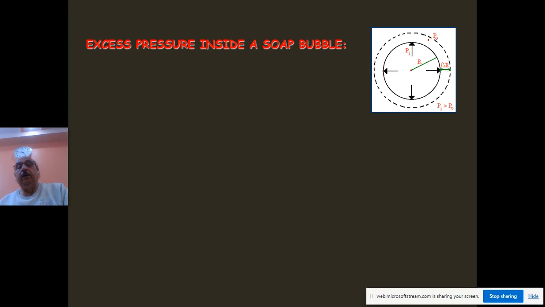Here is a soap bubble and the liquid is filled here. Air is inside as well as outside.